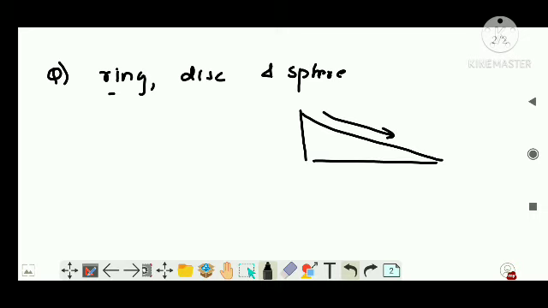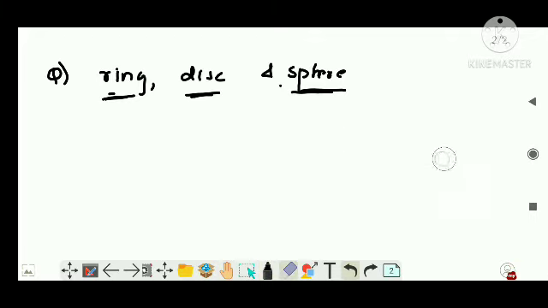If they roll from the top of the inclined plane to the bottom, let's say the plane has height h, the inclined surface has length L, and theta is the angle. They ask which of these three will reach the bottom earlier, and which will reach last.